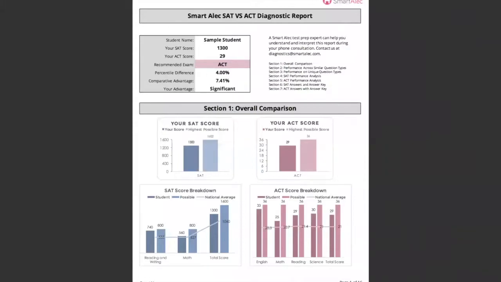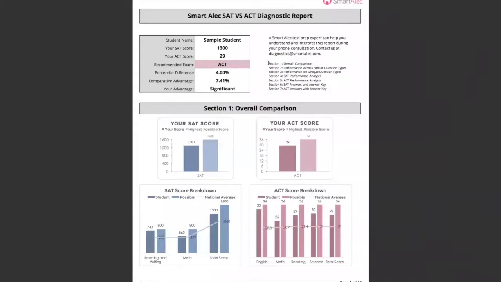So this is a sample student report. You can see that it provides the SAT score and the ACT score, and it generates an automatic exam recommendation. That is calculated using these three fields here, which are a product of a bunch of analysis that happens on the back end. So percentile difference refers to, based on your score on the SAT and ACT, what percentile that puts you in.